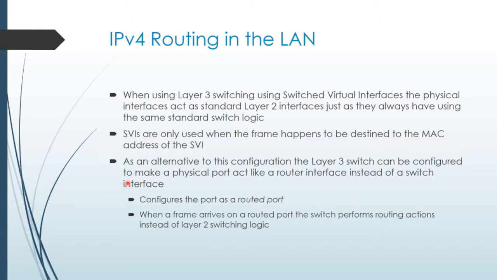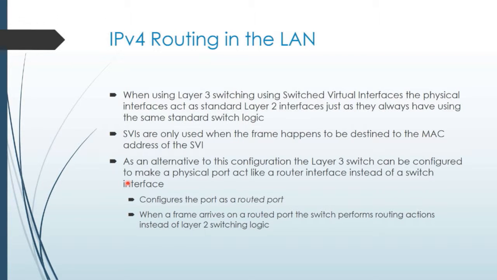Remember, the clients are configured with the IP address of the switch virtual interface as their default gateway. So when the client has a packet that's destined for another VLAN, they've done a DNS query and decided that was the case, then they send a packet to the switch, and the MAC address in the frame is for the virtual interface. So it gets routed there, and then that's when the layer 3 logic is happening.